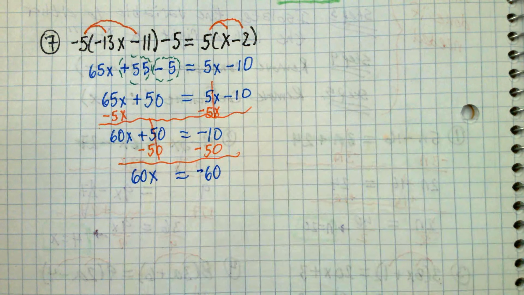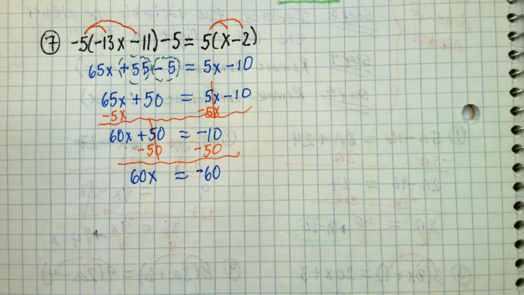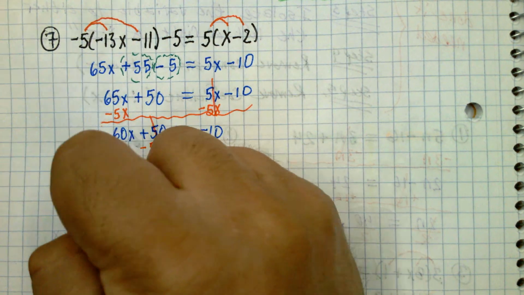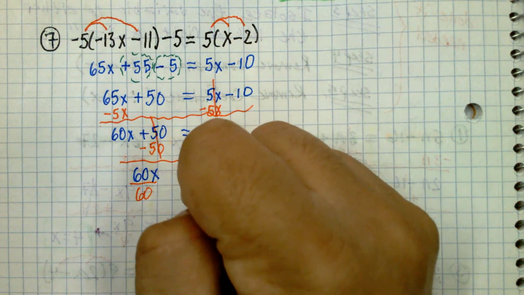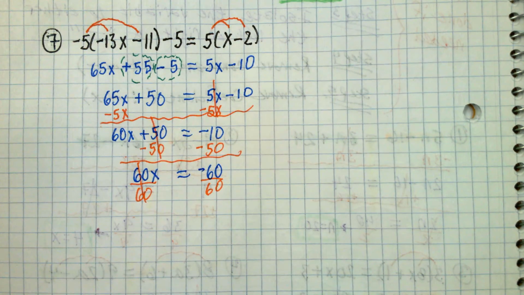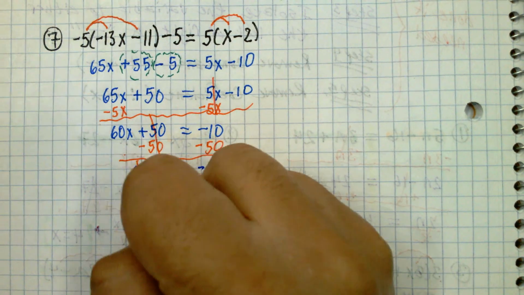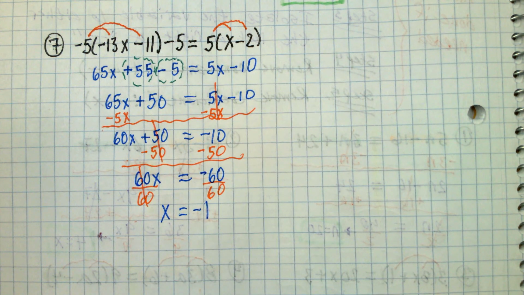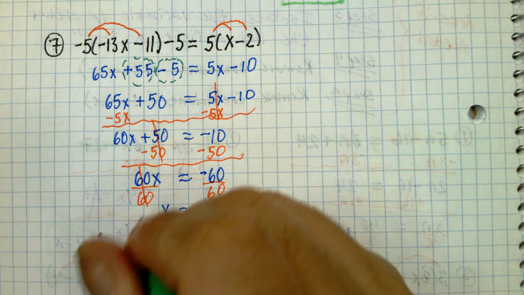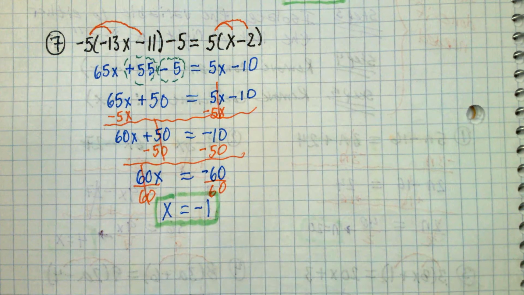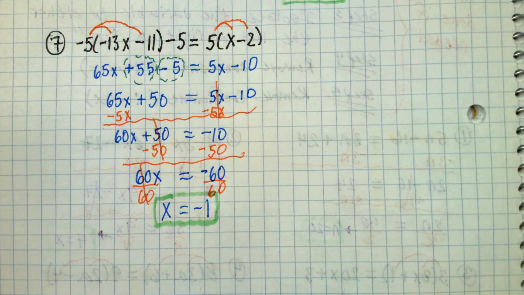Very good. And looks like we're going to get a nice answer. I was worried for a minute because 60x, but if I divide 60 by 60, I get 1, but in this case it's going to be negative 1. So the solution is the number negative 1. Okay. Any questions?